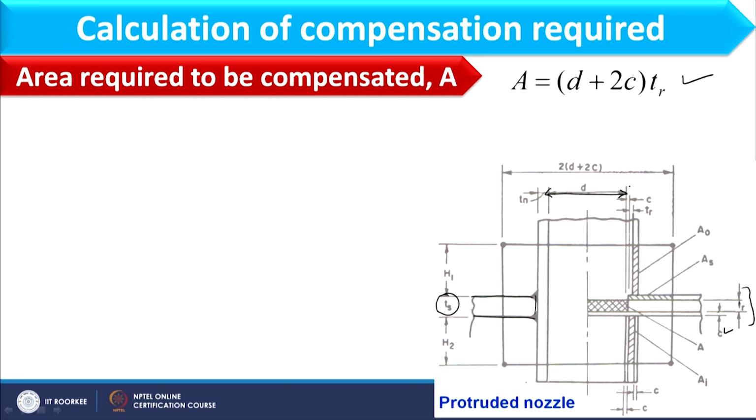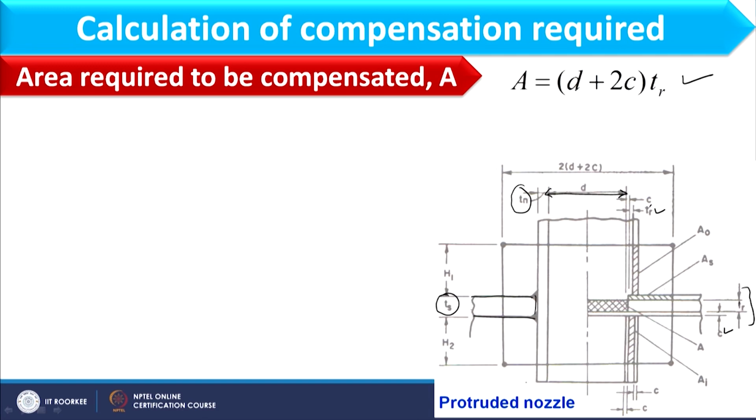To understand the C, we should understand what is Tn. Tn is the standard thickness of nozzle, and that is computed based on the same philosophy as we have discussed for shell. So, here we have Tr as the minimum thickness of nozzle, you can consider this as Tr dash. We have added corrosion to this, and then the next standard value available in table B1 we have considered as Tn.